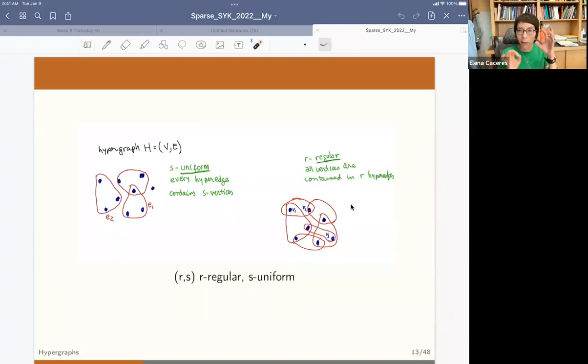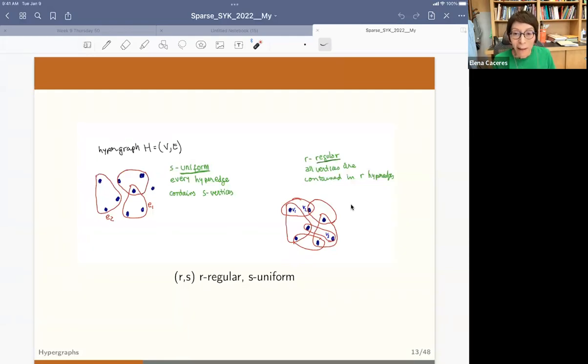Each Majorana fermion is going to be a vertex, and each term in my Hamiltonian is going to be a hyperedge. Those types of hypergraphs are called uniform. It's when every hyperedge contains S vertices. Here, all these hyperedges contain 3 vertices, right? So for an SYK with Q equal 4, we will be interested in hypergraphs that are 4-uniform, that always contain 4 vertices.